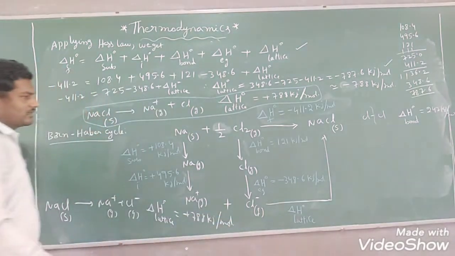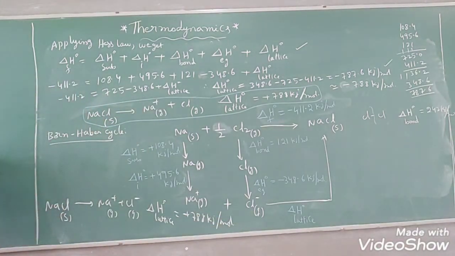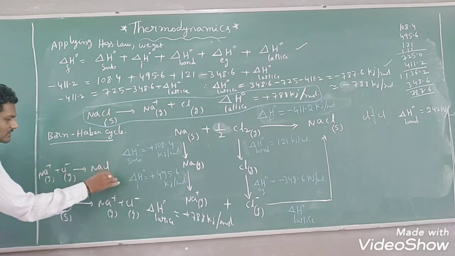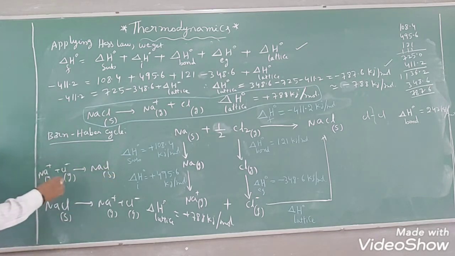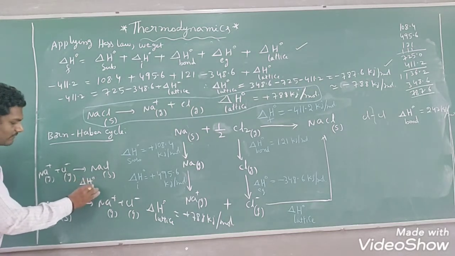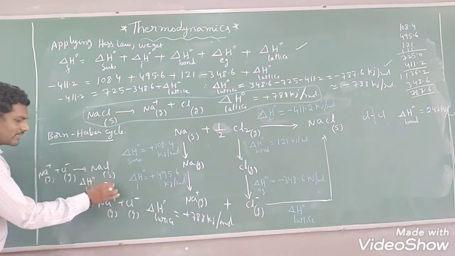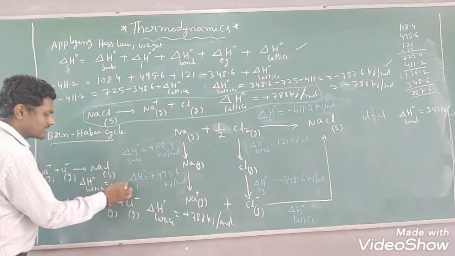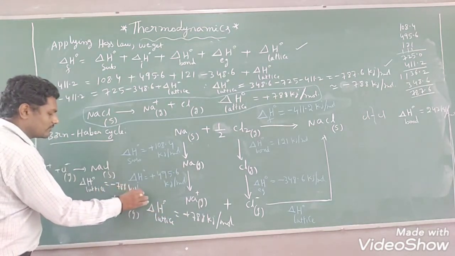This is correct only. Suppose you take the reverse reaction. What is the reverse reaction here? Na plus in gaseous state plus Cl minus in gaseous state gives NaCl solid. Here, if you want to take the lattice enthalpy, how much will you get? The same value only, but with a negative sign: minus 788 kilojoule per mole.